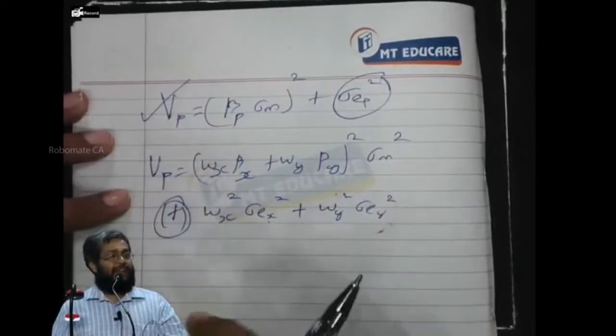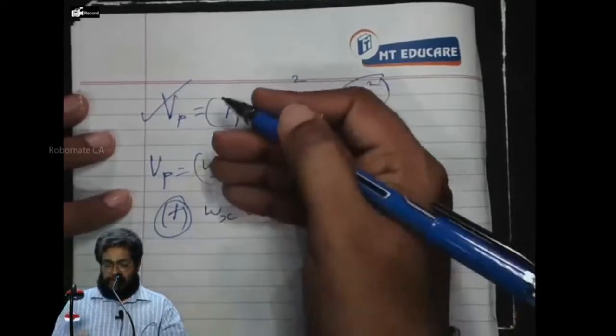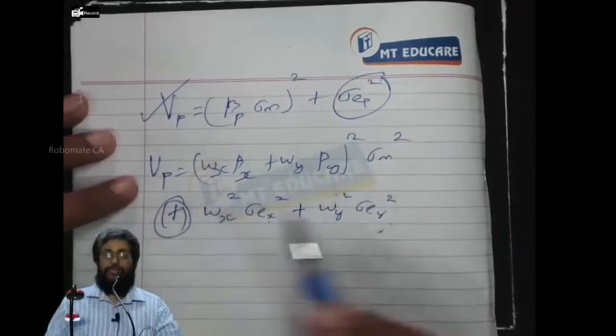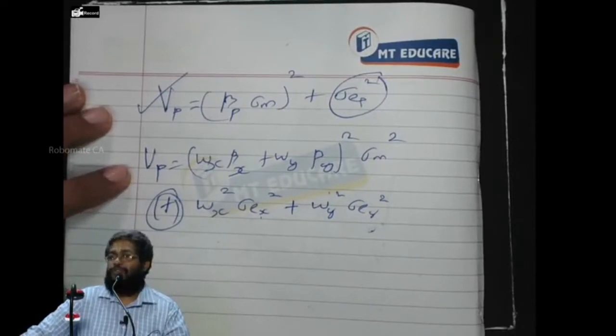The first level of writing the formula is done. Now break it further. What is the beta of the portfolio? Weighted average.